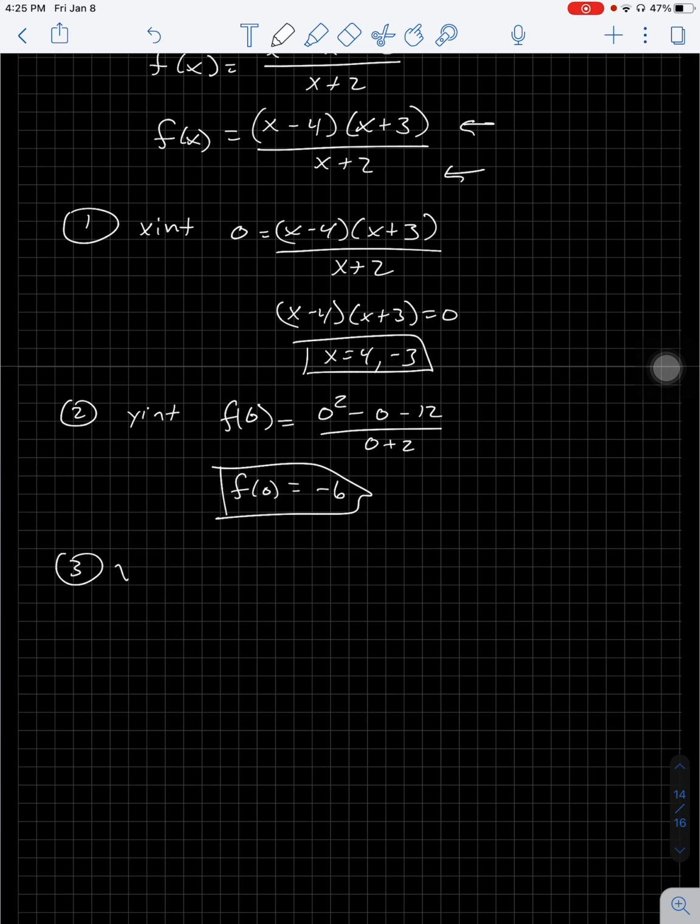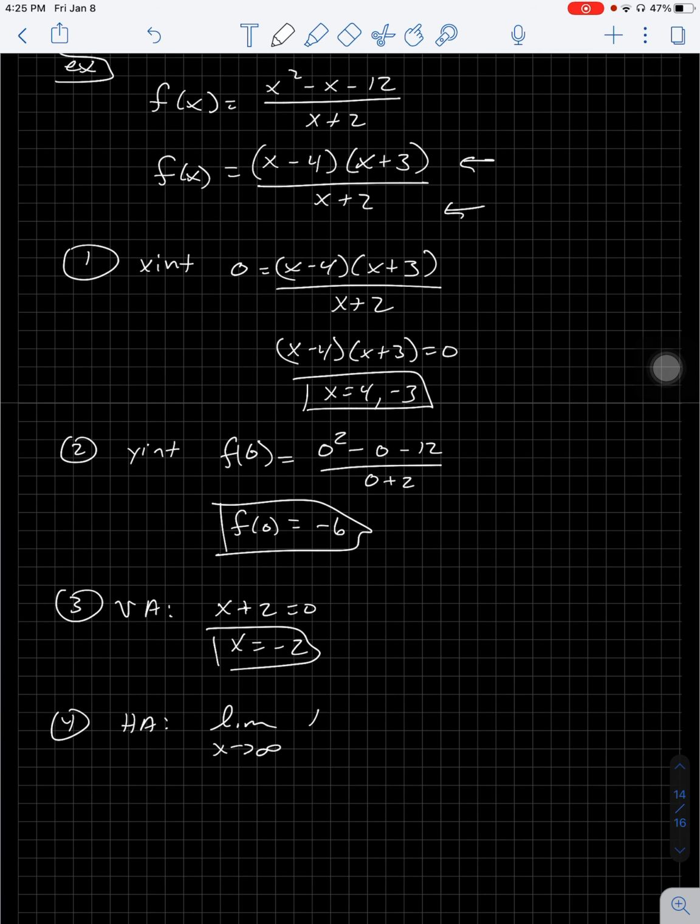My vertical asymptotes. Set my denominator equal to 0. And my horizontal asymptotes. I want to use the multiplied out form for the limit, as we saw in the last video.